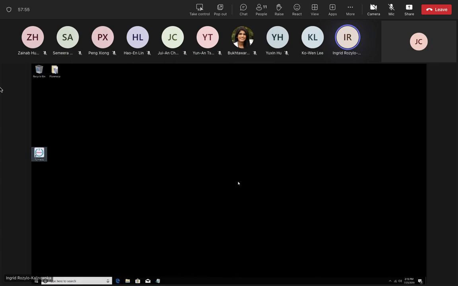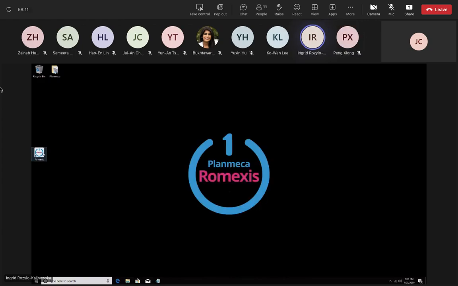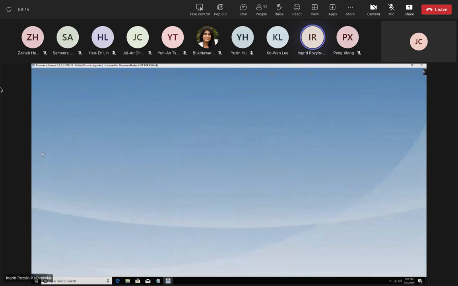To begin, prepare the imaging software until the computer screen says Waiting for Ready. The appearance of this screen may vary depending on your software and version. If imaging in Planmeca Romexis, follow the steps below. Open Planmeca Romexis. Select the appropriate patient.